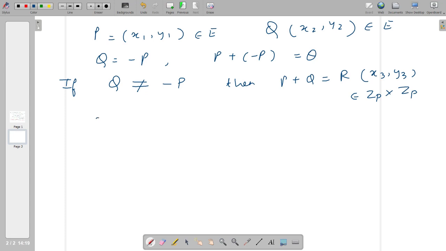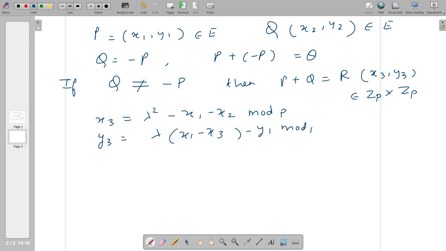So how can we find x3? x3 is equal to lambda square minus x1 minus x2 mod p. Similarly y3 is equal to lambda times (x1 minus x3) minus y1 mod p, where we have already defined lambda as (y2 minus y1) into (x2 minus x1) inverse, since we are talking about the mod p operation.